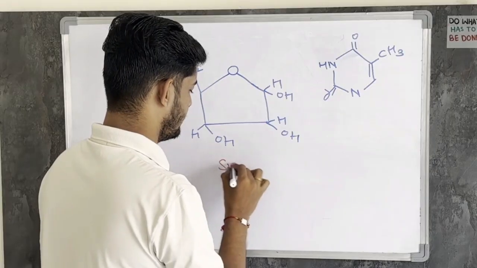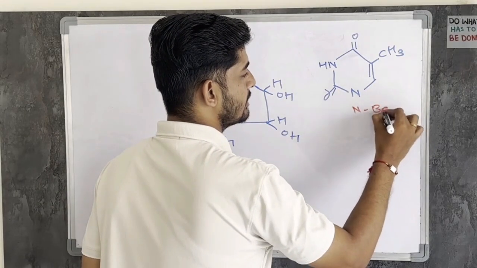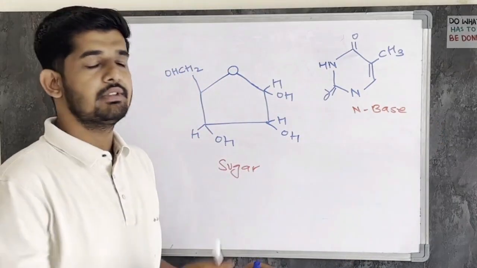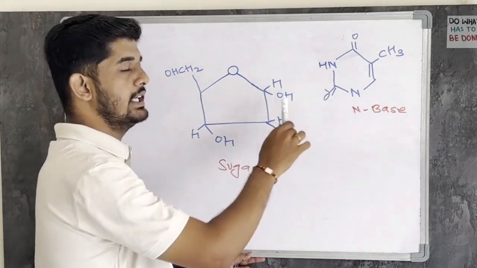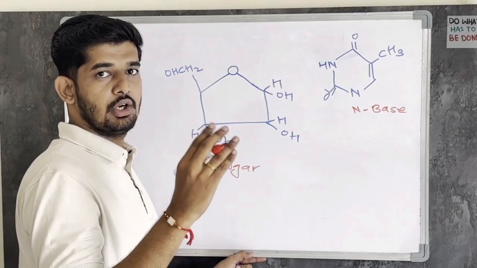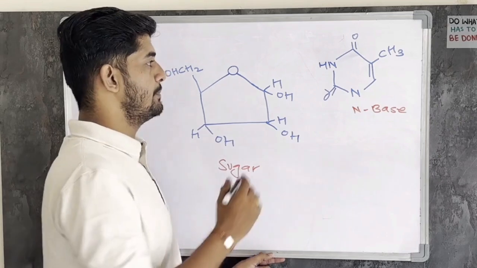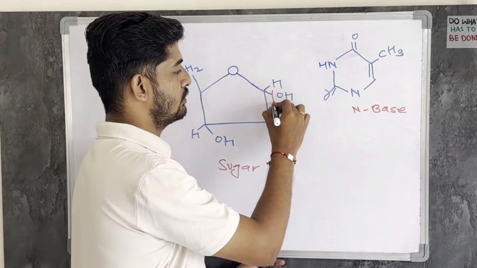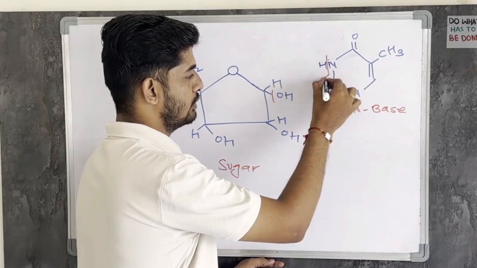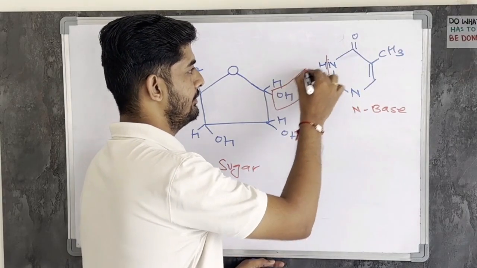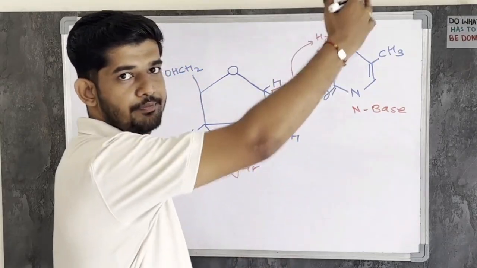This is the sugar and this is the nitrogen base. Whenever there is formation of a bond between the sugar molecule and the nitrogen base, there is release of a water molecule. So this OH from the sugar and this hydrogen from the nitrogen base are going to get released as water.